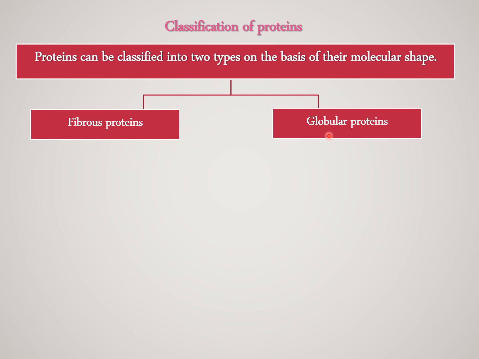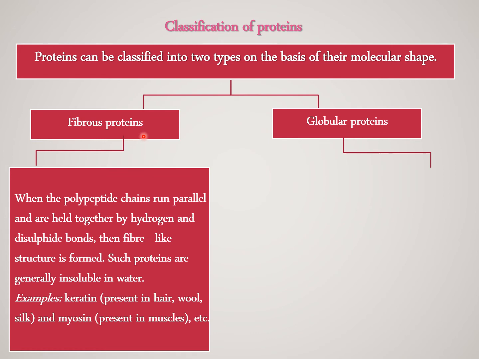Now, when we are talking about fibrous proteins, the name itself tells us that they are fibrous, linear, thread-like structures, and the polypeptide chains run parallel and are held together by hydrogen bonds, disulfide bridges, etc. Fibrous proteins are insoluble in water because of those very strong bonds, such as the hydrogen bonds, present.